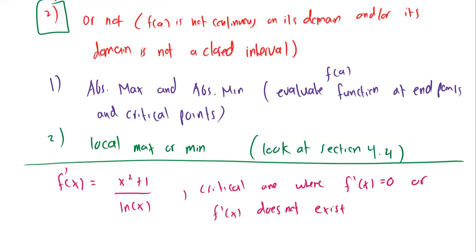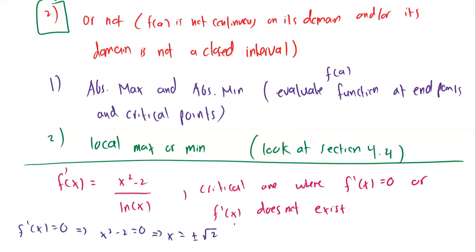So actually, let me change this to x squared minus 2. What would be the critical points here? From the places where the derivative equals 0, remember that's the same as the numerator equals 0, which is the same as saying x equals plus or minus square root of 2.